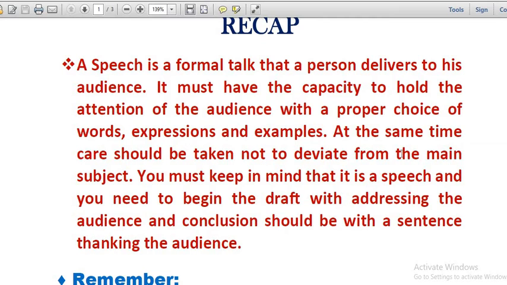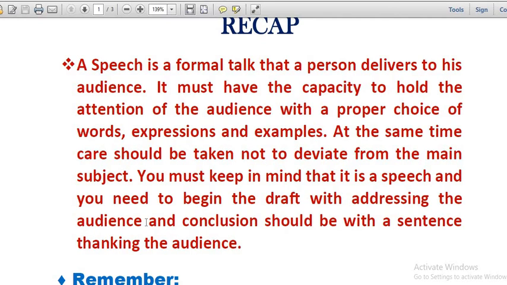Another important thing we should always keep in mind, dear students, is that we should not deviate from the main topic, or rather the main subject. If you want, before directly writing a speech, you can jot down the points on a rough page, and then finally make a fresh copy. Remember, it is a speech and you need to begin the draft by addressing the audience.